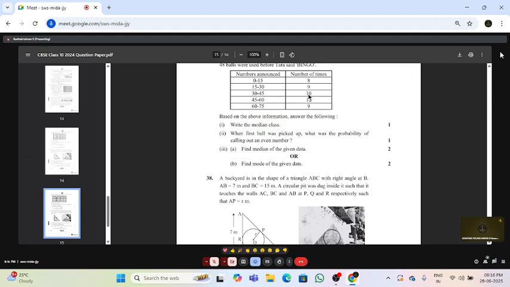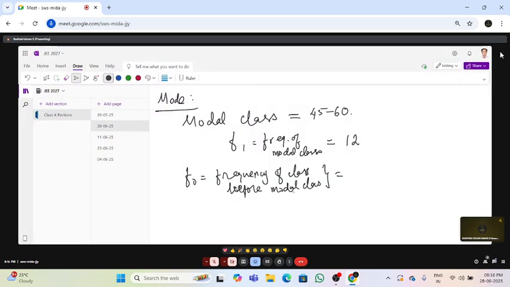This has a frequency of 10. So F0 is 10. And F2 is the frequency of the class after the modal class.